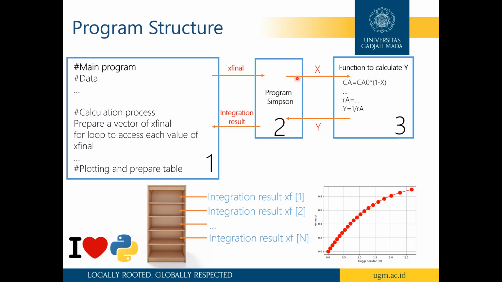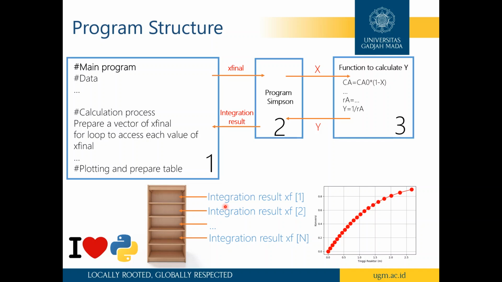So when you run this over and over, you will get an integration result for each value of x final. And once you receive the integration result, you need to put it in a vector. I illustrate this as a bookshelf. For instance, if you receive the integration result for xf1, the final conversion 1, you put it in the top place here.